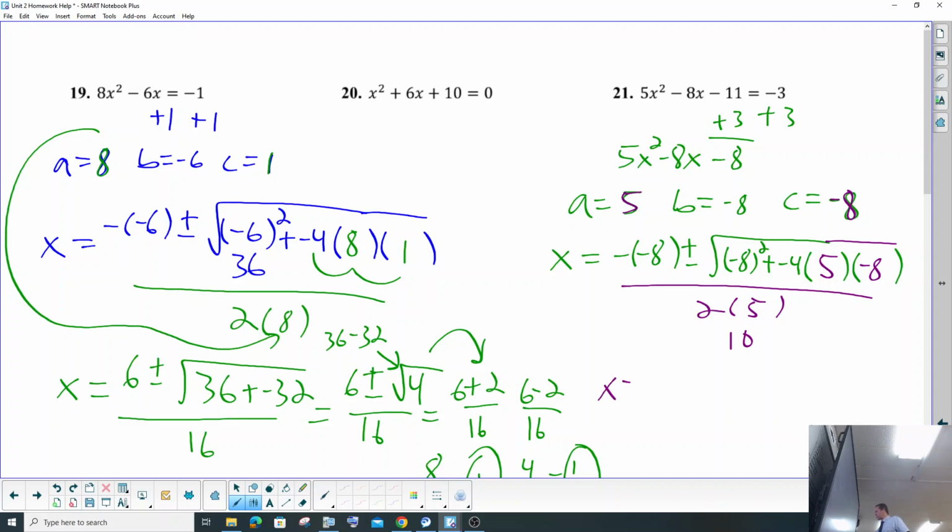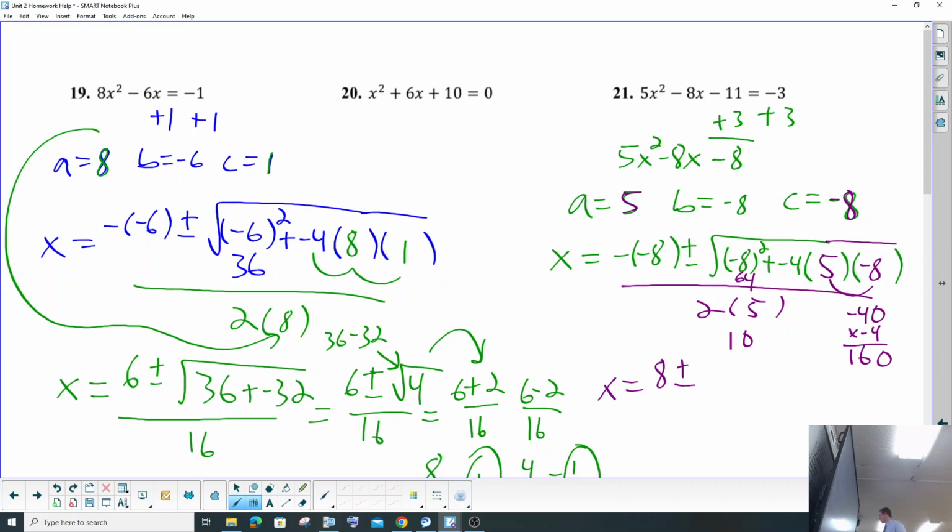So we get x equals negative negative 8, which is a positive 8, plus or minus, negative 8 squared is 64. Then 5 times 8 is 40, negative 40 times a negative 4 is a positive 160.